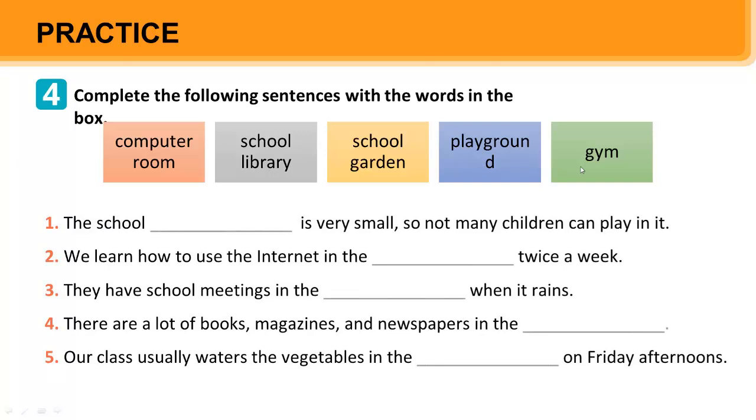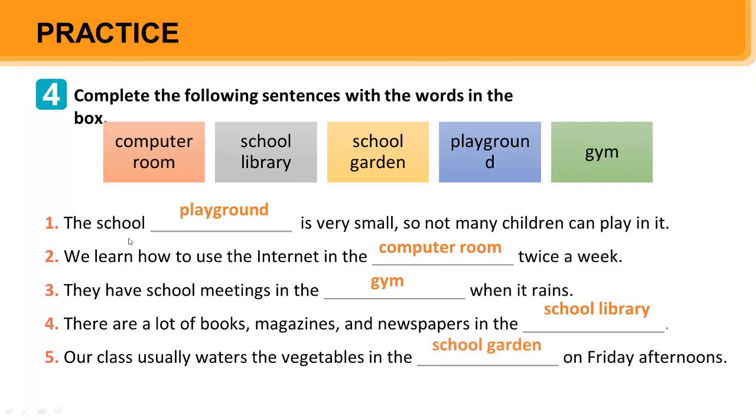Now you read all 5 sentences carefully and find out the suitable word, then complete. 2 minutes for you to work individually. Okay, the answer number one is playground. The second is computer room, and the third gym, the fourth school library, and finally school garden.